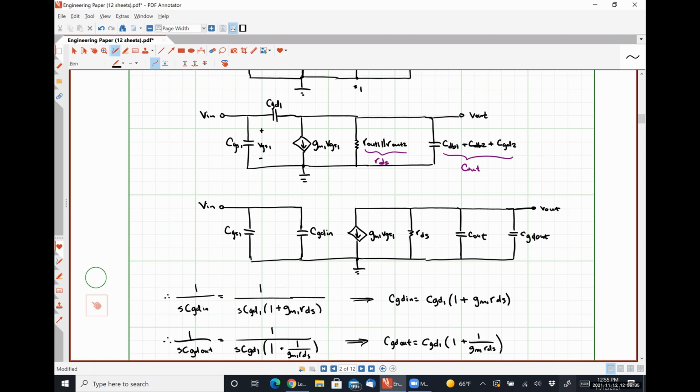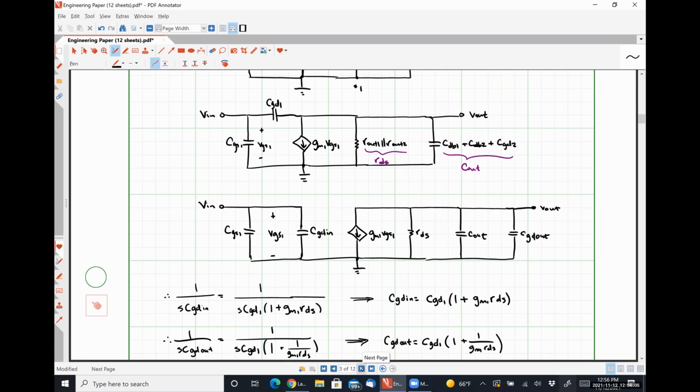Oh, I forgot one thing here. Hopefully it's obvious, this voltage is still VGS. So if we look at this, recognizing that Vn and VGS1 are literally the same quantity, we should be able to see that V out is just going to be negative GM1 times Vn times these three impedances in parallel, right?